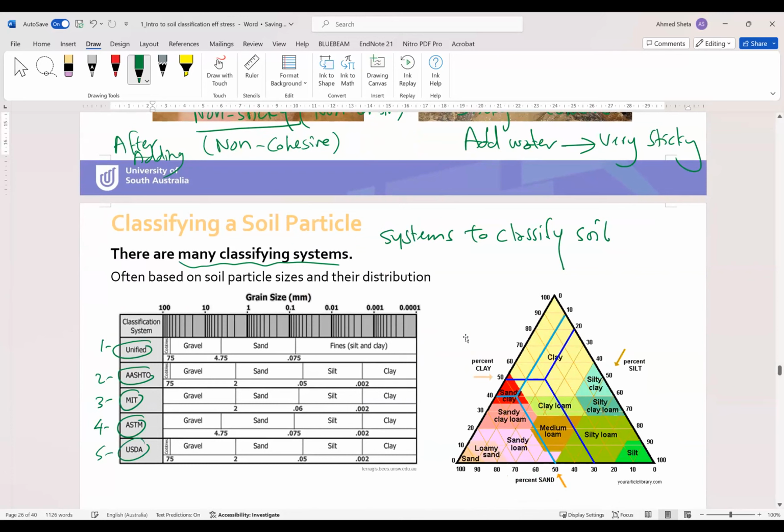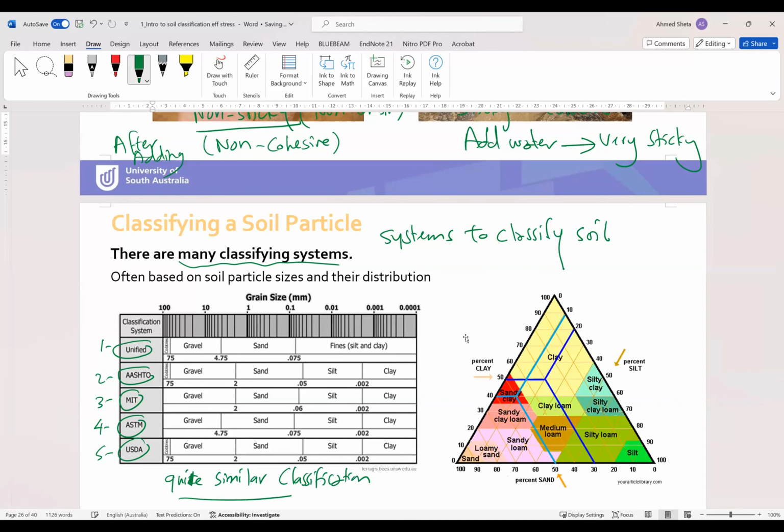The Unified system classifies the soil into gravel, sand, and fines. The AASHTO system defines the soil as gravel, sand, silt, and clay. If you look at this table or figure, you can see quite similar classifications, with just a few small differences between them.